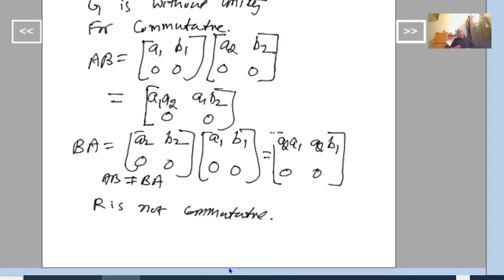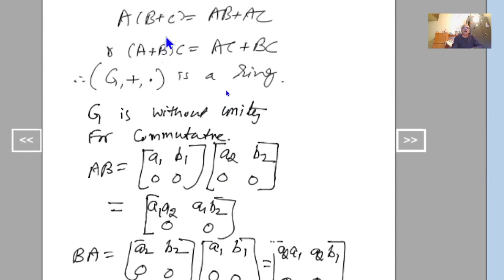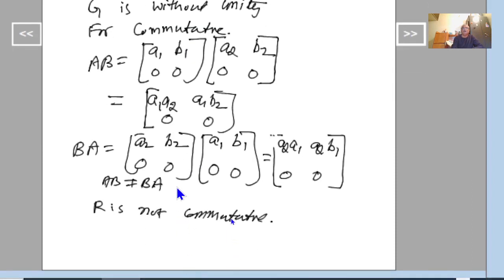And if this is not a commutative ring, there is no question of verifying whether it is an integral domain or field. So G is just a ring.